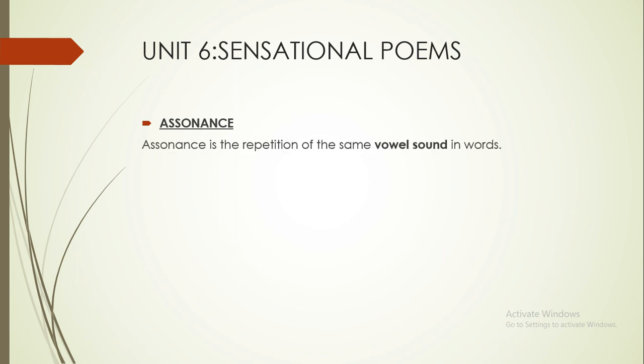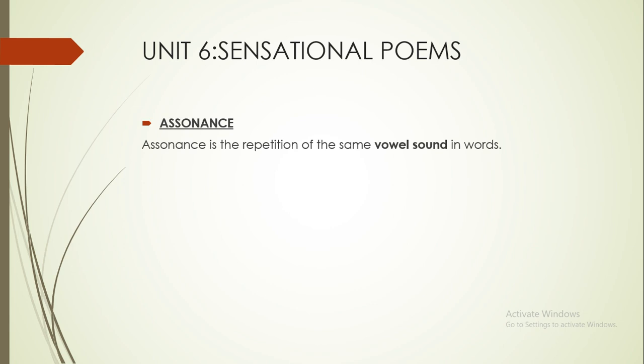Assonance is the repetition of the same vowel sound in words. I want you to be keen and look at the definition as the repetition of the same vowel sound and not consonant sound. Later on, we are going to learn about consonants, which will be the repetition of the same consonant sound.